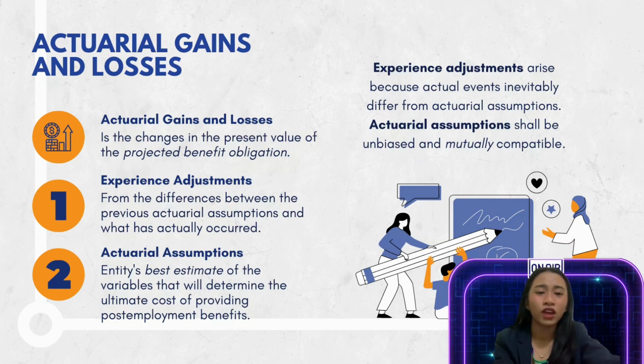Ang tawag naman dito ay changes in the actuarial assumptions. So, meaning, ang assumptions ng actuarian ay nagbabago din. Ang pinagkaiba nito sa experience adjustments ay hindi nakaka-apekto rito ang actual event or kung ano mismo ang nangyari. Kundi parang indirect lang ang epekto nito in a sense na si actuarian mismo ang nagkaroon ng pagbabago.